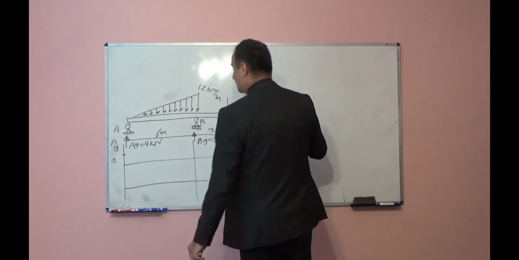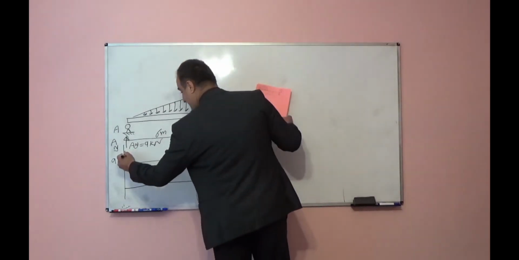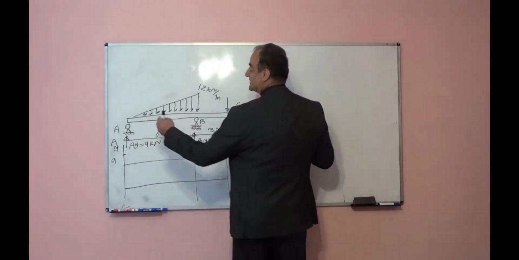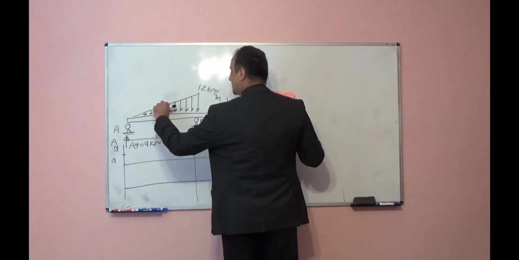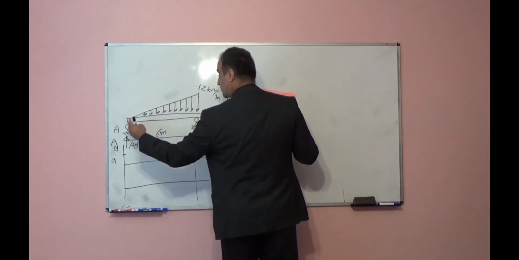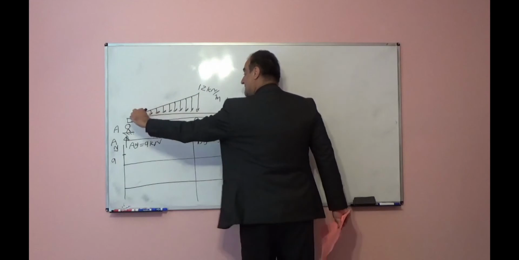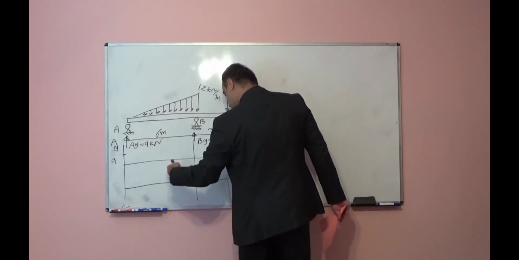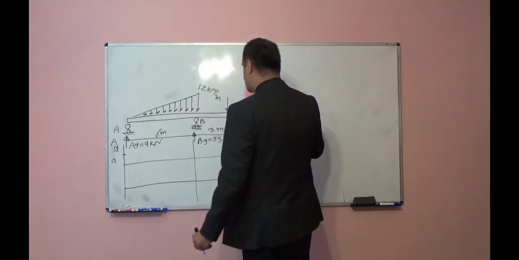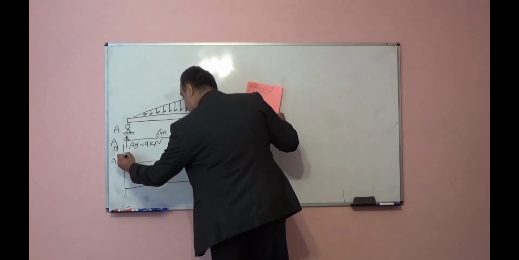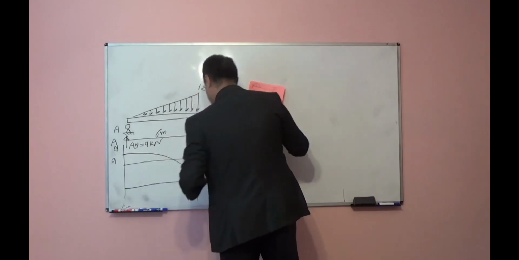So now shear force in each step will decrease and the slope of curve should increase, because the slope of that, it is the intensity of this distributed load. Distributed load from A to B, intensity is increasing, so the slope of this should increase. So using one curve, I can attach this to here.